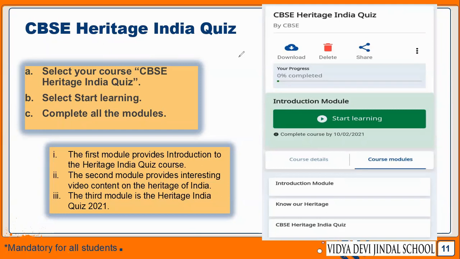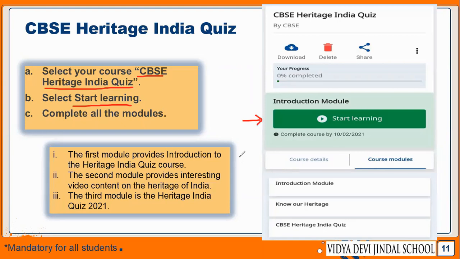So after registering yourself, select the course as shown earlier. CBSE Heritage India quiz. Select Start Learning, this green button, and you have to complete all the modules. Module 1, then Module 2 and Module 3. Do not jump.